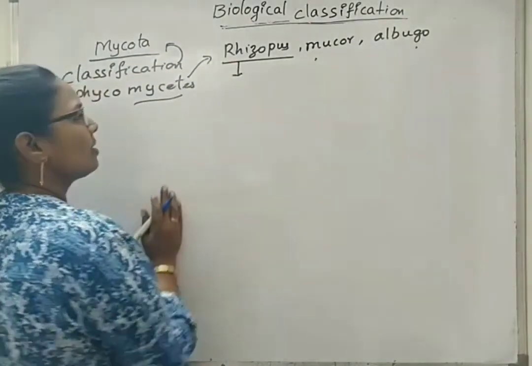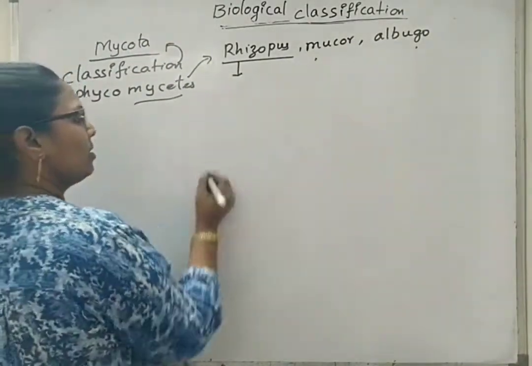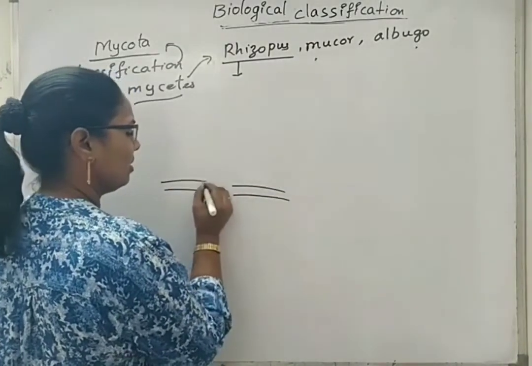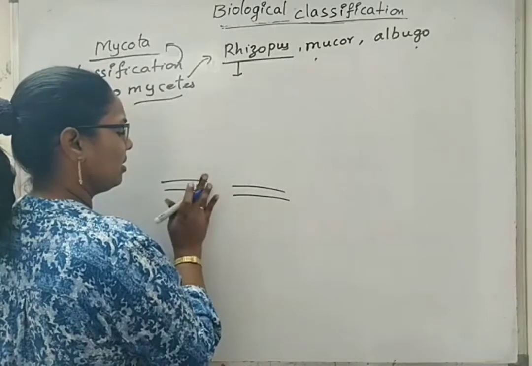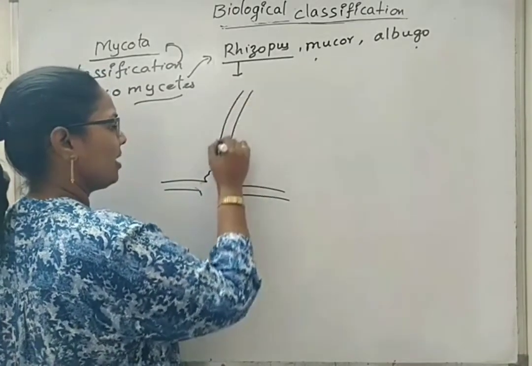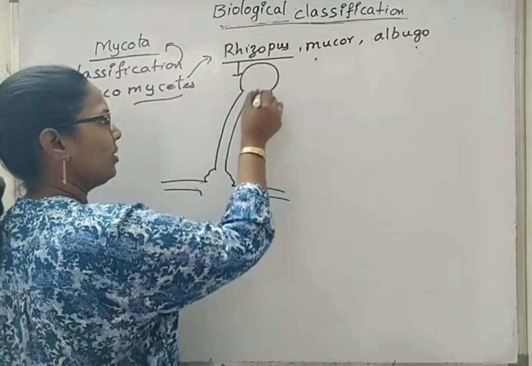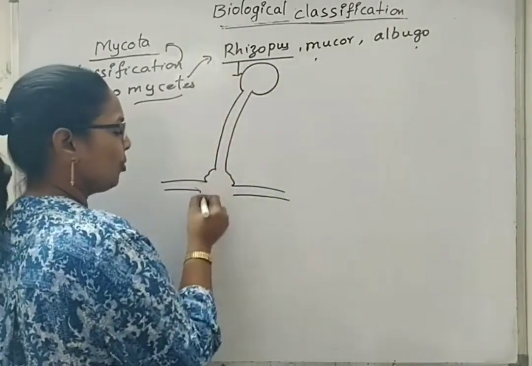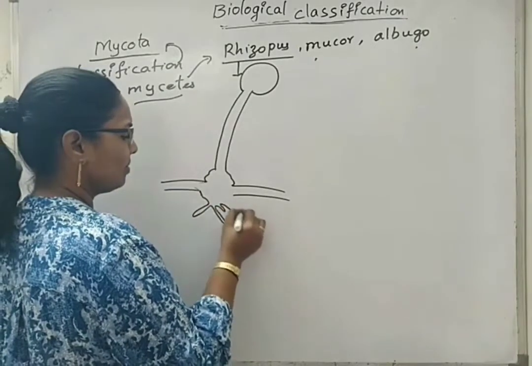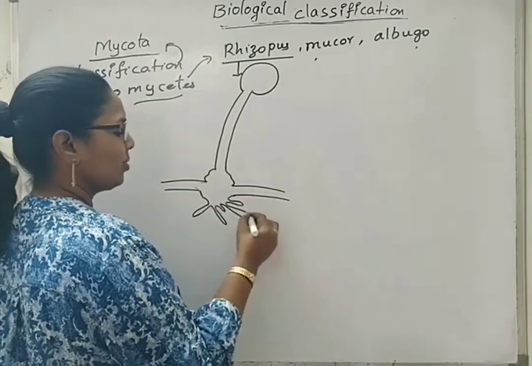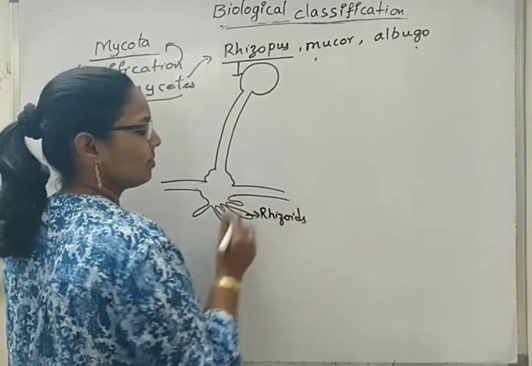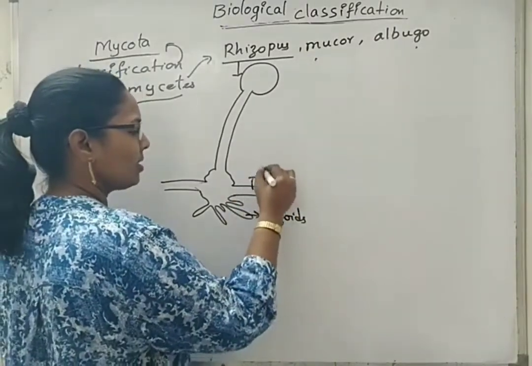How does this Rhizopus look? There will be some structures: aseptate hyphae, and here will be the spore bearing structure. These are called rhizoids. This is called stolon.